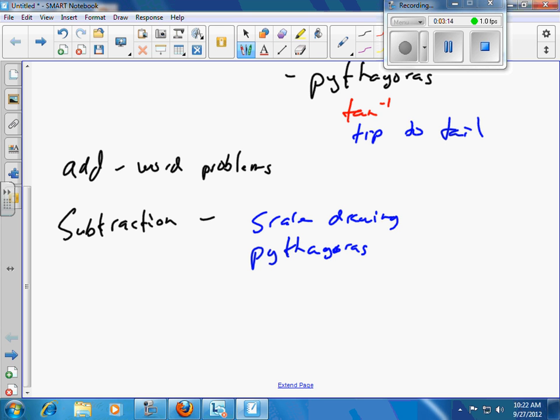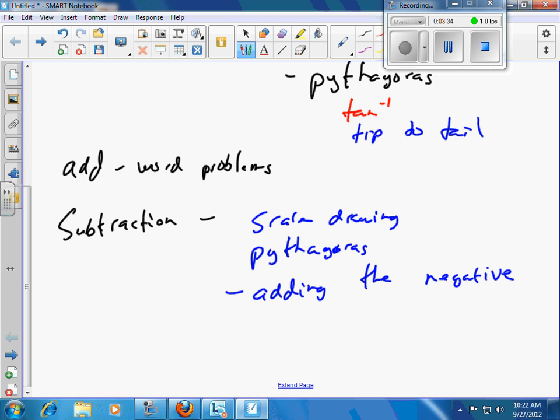Same way, it's just adding the negative. And obviously, if it's a straightforward subtraction one, you should know which one to subtract. Shouldn't be that hard. It's the one that has the subtraction sign in front of it.